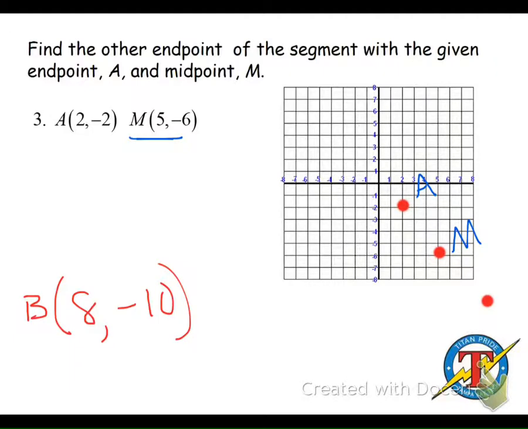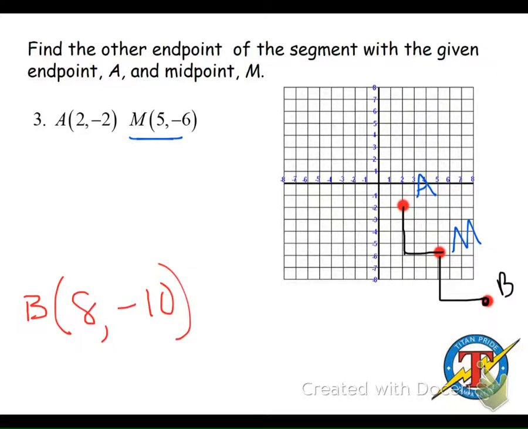Okay, from the first point I go down 4 and over 3. So go down 4, 1, 2, 3, 4, and over 3 again, 1, 2, 3. And that's your other endpoint. Okay, and then you could write down what those coordinates are.